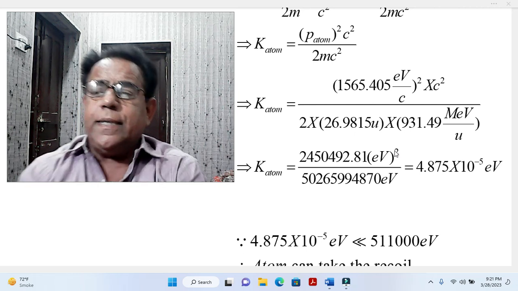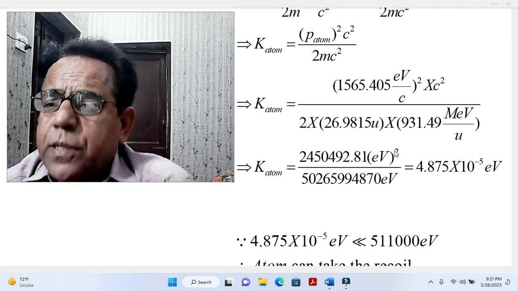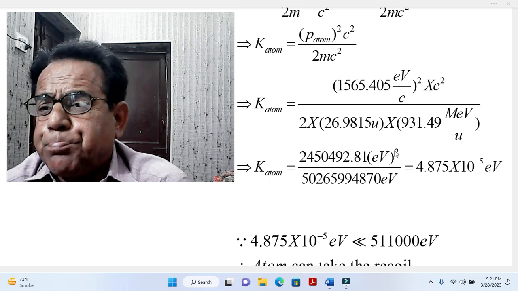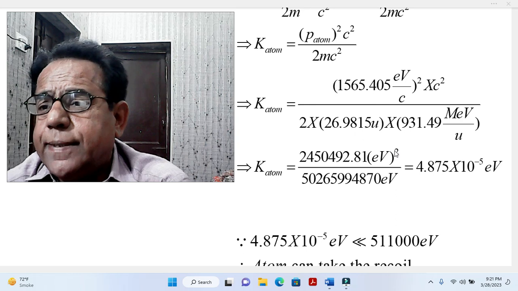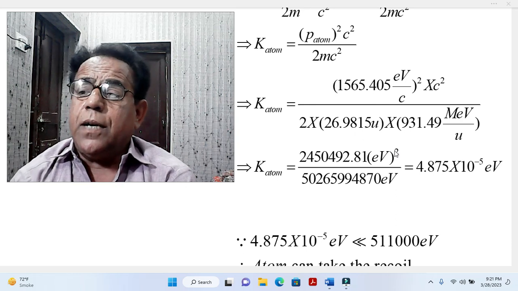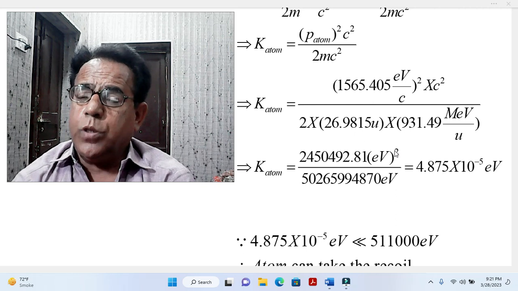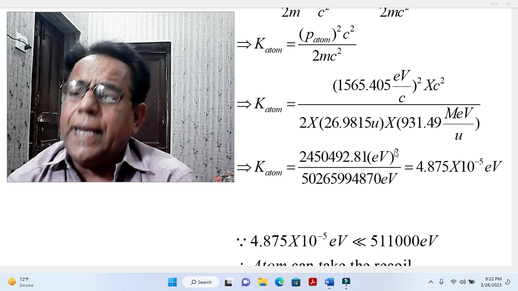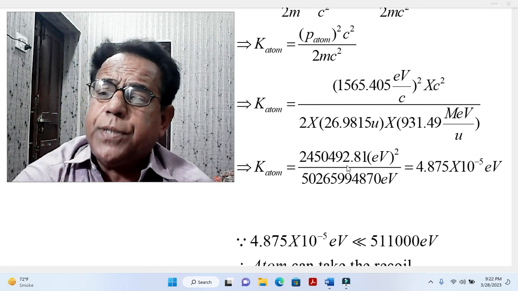So kinetic energy of atom becomes equal to this over this, and it becomes equal to 4.875 into 10 to power minus 5 electron volt. Our result has almost appeared.